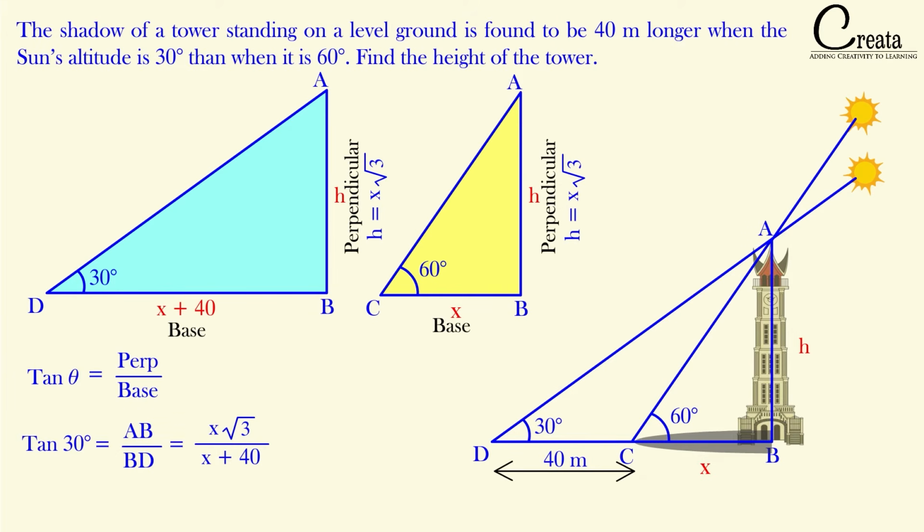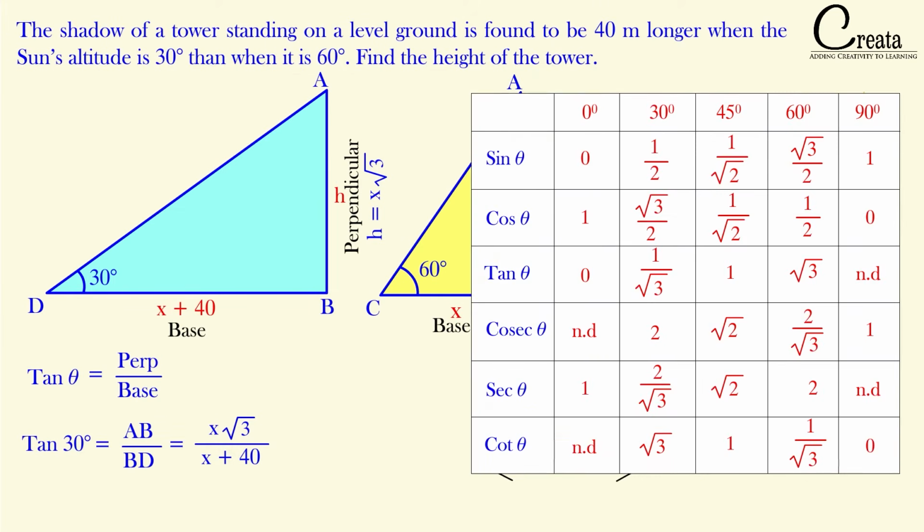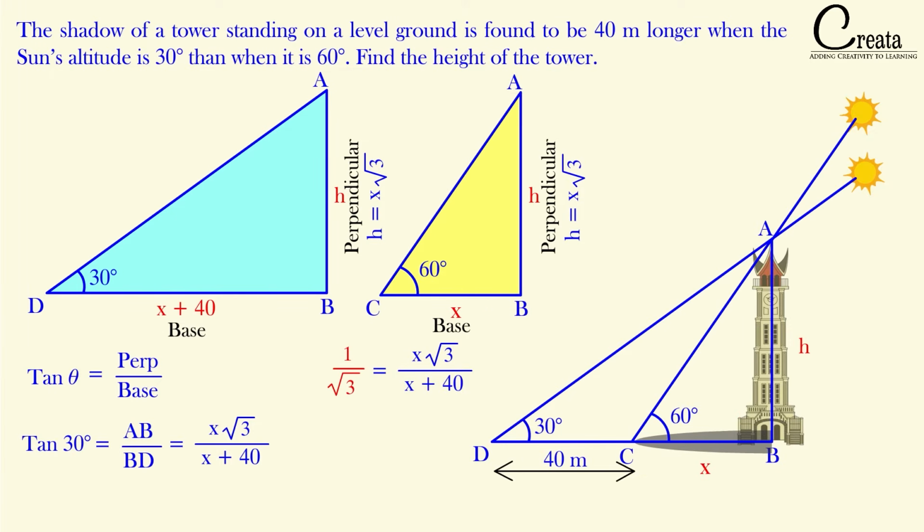Okay, we have simply replaced perpendicular and base with their respective values. Let's refer to the trigonometric ratio table for the value of tan 30 degree, which is equal to 1 upon root 3. So let's solve this equation for the value of x.